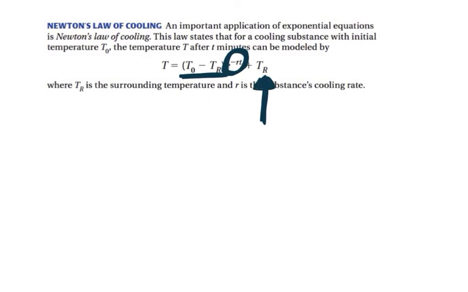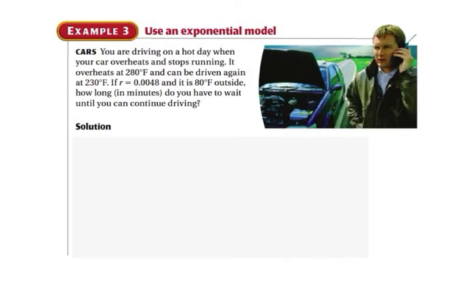So here's an example of a car that overheats at 280 degrees Fahrenheit, and it needs to be at 230 degrees in order for the car to run. The rate of cooling for the air is 0.0048.